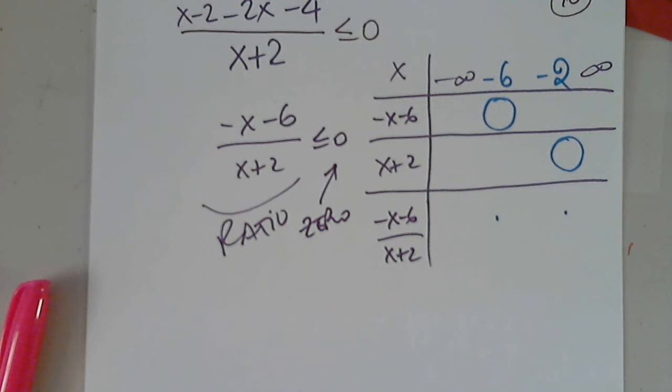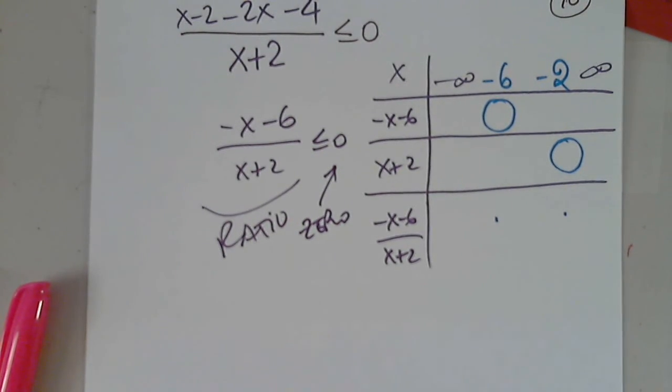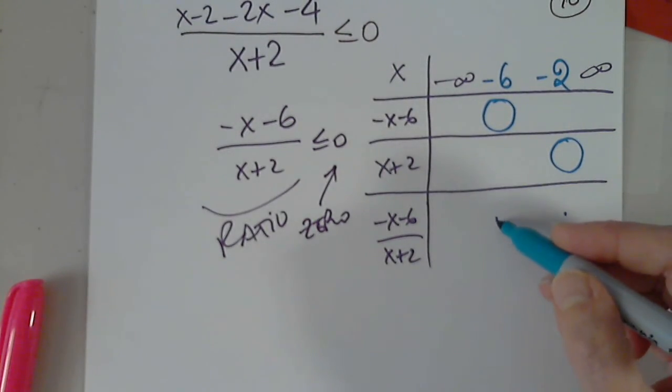We wouldn't worry if this were a product. We would write blindly 0 everywhere. But I have to be careful because this is a ratio, and ratio is a different type of animal. It's a function that can be undefined. That's the only reason why we have to be careful. So what do I write under -6?